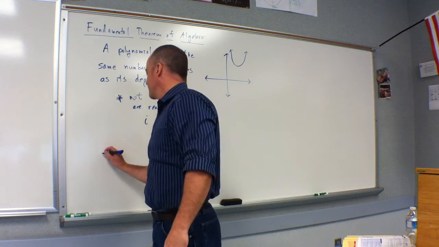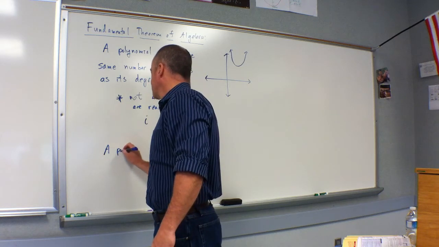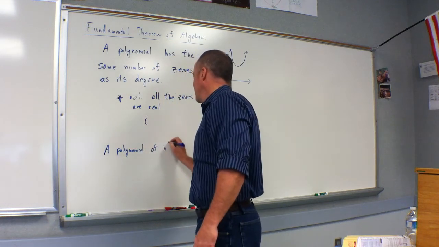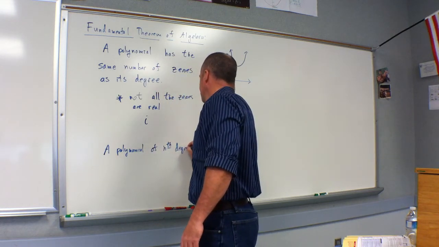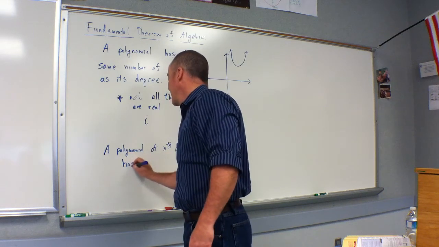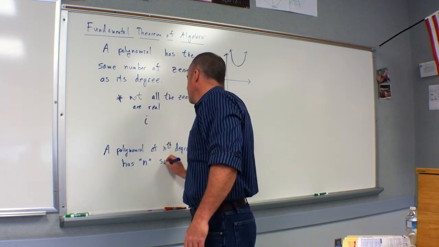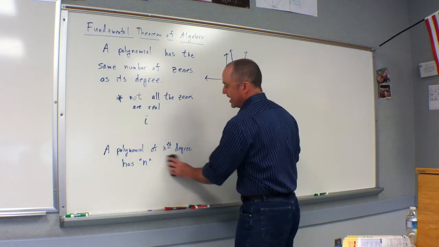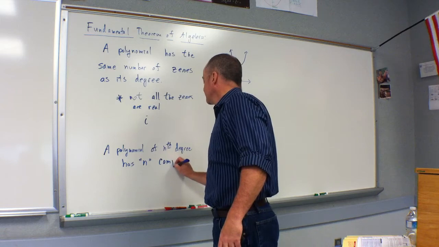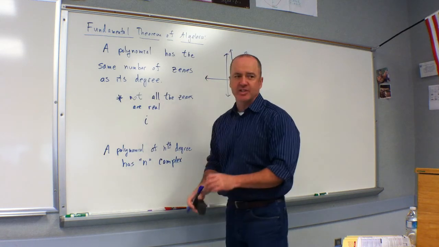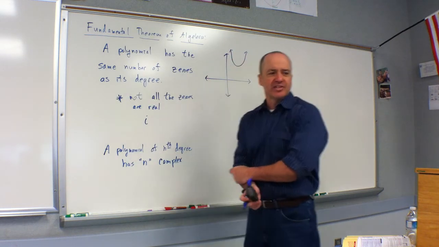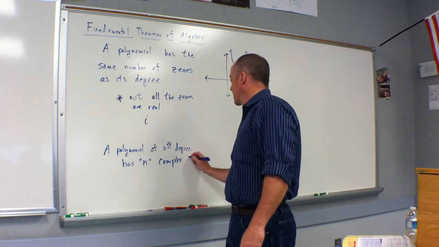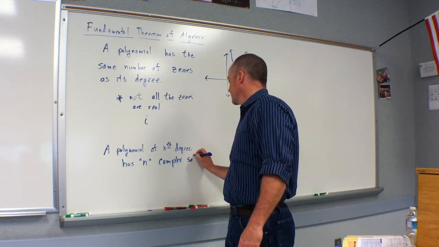Another way this is phrased is a polynomial of nth degree has n complex solutions. What's nth degree? Like if it starts with x cubed, it's 3rd degree. Starts with x to the 7th, it's 7th degree. Has n, that same number, of complex solutions.